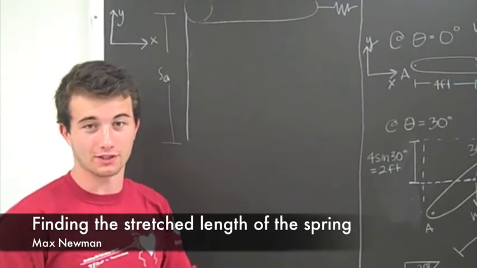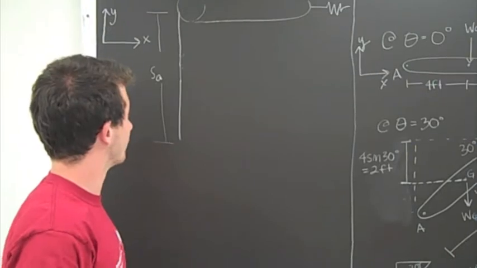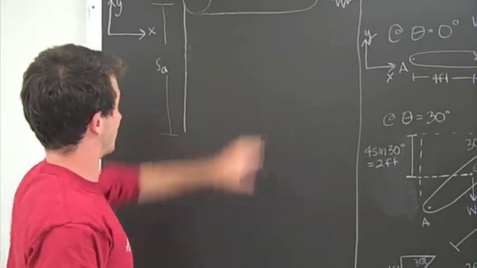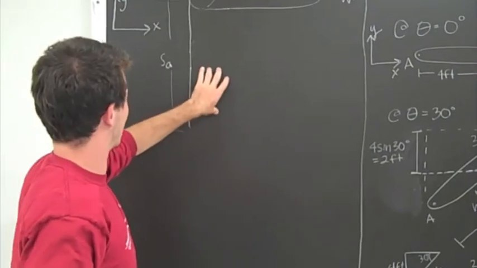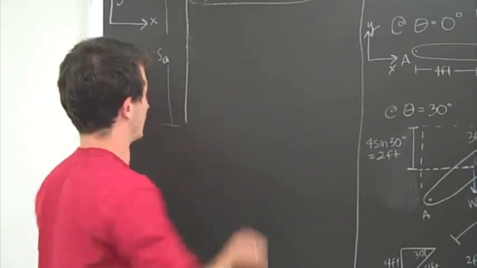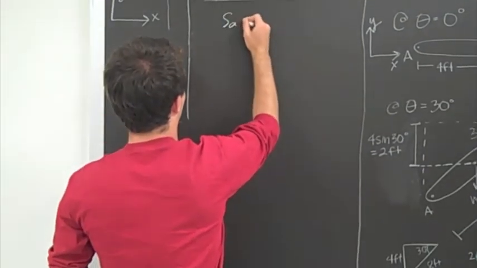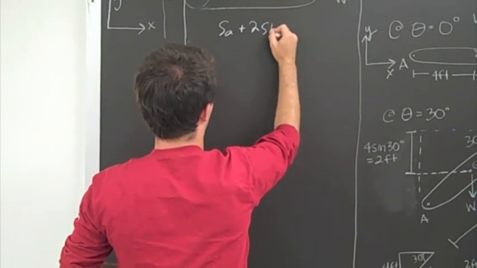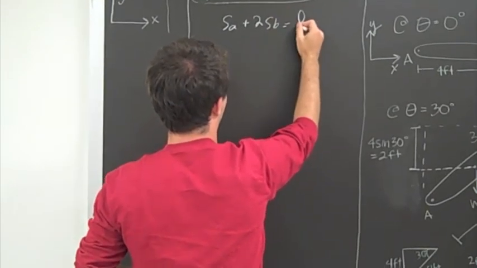In order to find the distance that the spring stretches, we need to find out how much this top length of rope changes. So we can establish a relationship between this length here and this length here. Because we know that the total length of the rope doesn't change, SA plus 2 SB equals the total length.